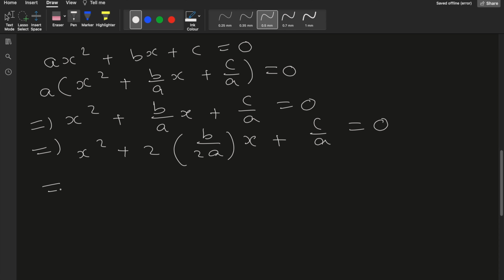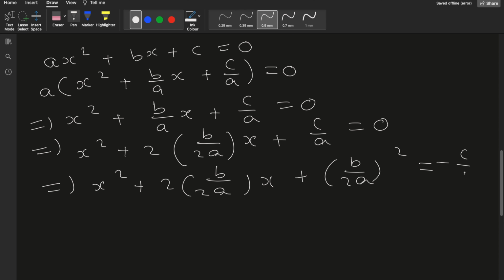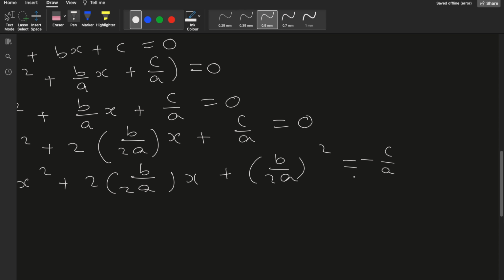And now let's write this. This would be plus b divided by 2a whole squared equals minus c divided by a plus b divided by 2a whole squared.